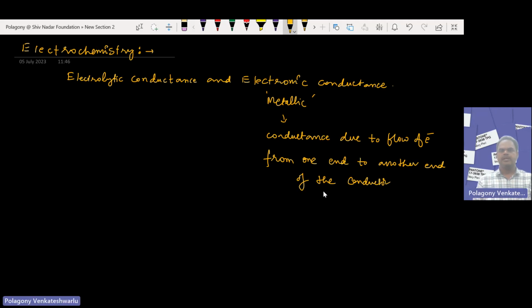Such materials are said to be metallic conductors, for example copper, iron, and aluminium. We say they are good conductors.